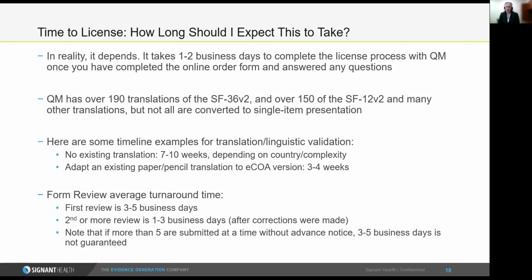For form review, our average turnaround times, the first review that you send is 3 to 5 business days. If there's an error when you send that back to be re-reviewed, it's usually 1 to 3 business days. I want to note that if you send more than 5 at a time without advance notice, the 3 to 5 business days is not guaranteed. And we have up to 2 weeks, 10 business days to do that first review.